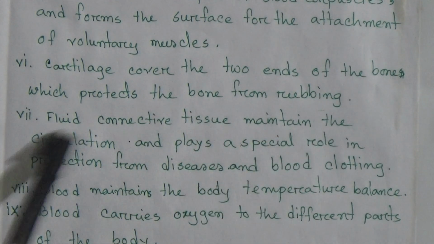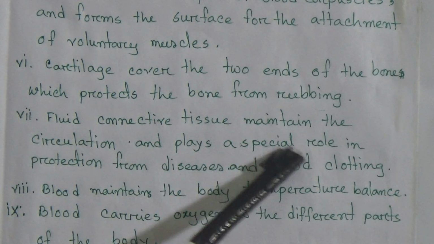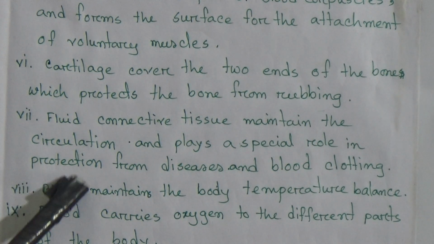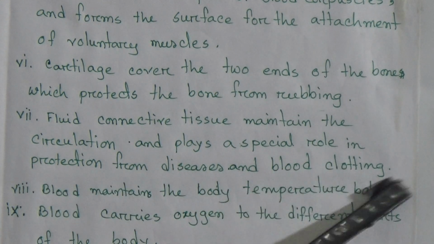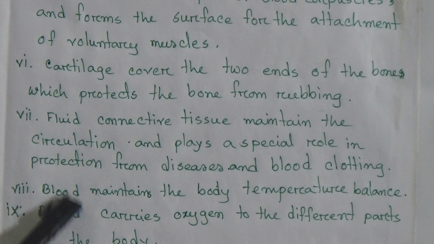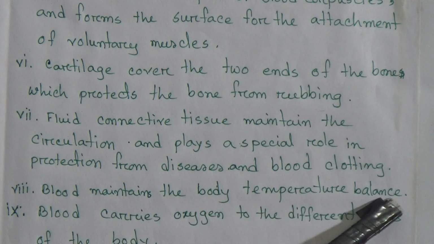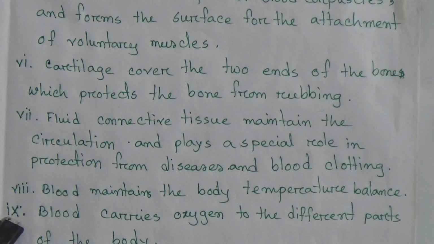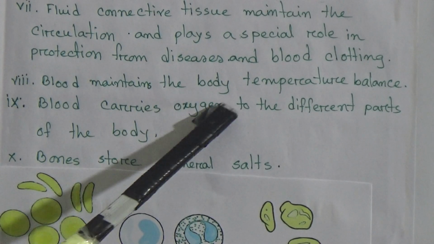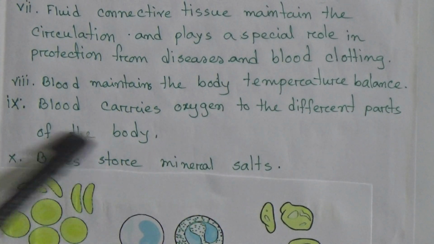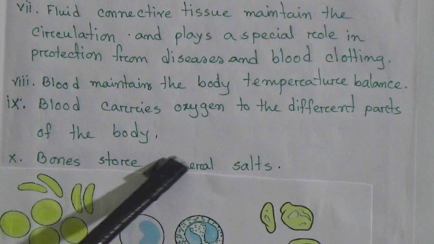Now seventh one, fluid connective tissue maintains the circulation and plays a special role in protection from diseases and blood clotting. The next one, blood maintains the body temperature balance, and point number 9, blood carries the oxygen to the different parts of the body. And last one, bones store mineral salt.